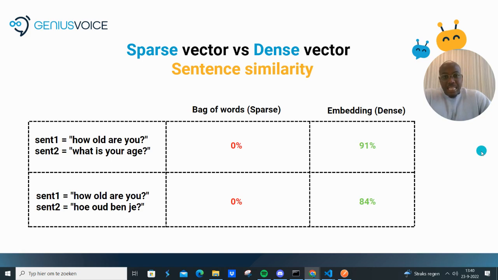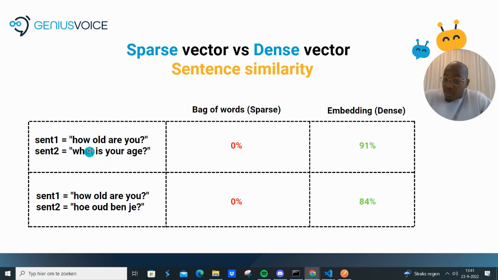Okay, now keep this in mind. If we want to calculate the similarity between two sentences, we can do this by using, for example, a cosine similarity. And we can use the vectors, so the sparse vector or the dense vector, to calculate this. And on the left side here, I have 2 examples.